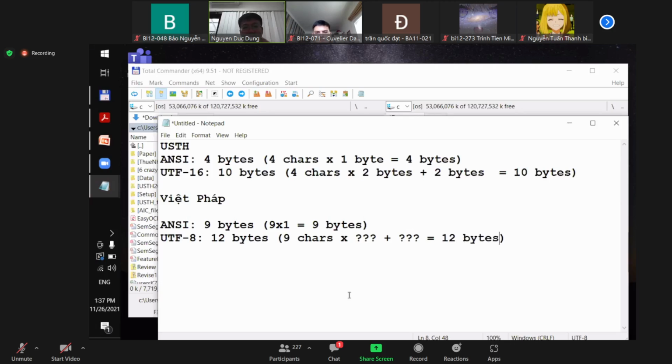Now, some people please tell me why it requires 12 bytes.